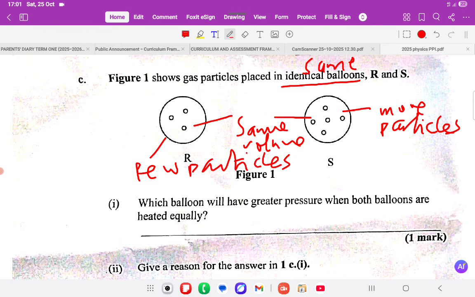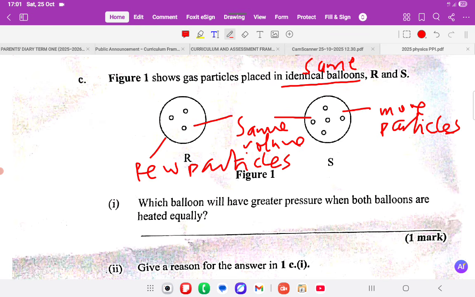Remember the factors that affect gas pressure. There are quite a number. Temperature is one of them, volume and also number of particles.